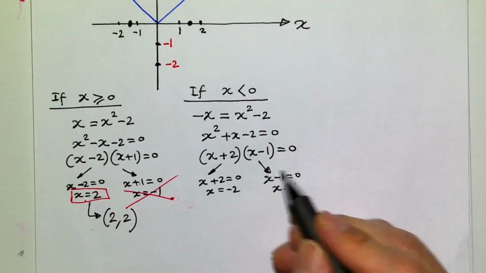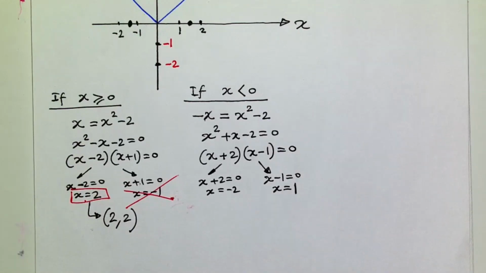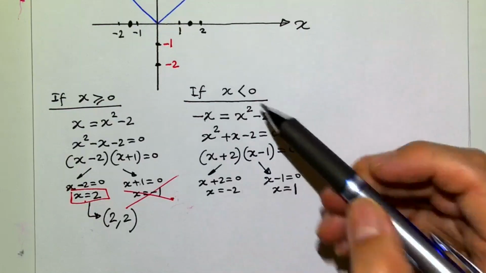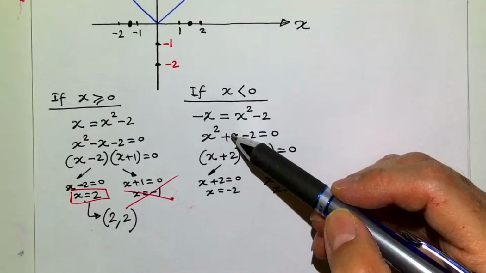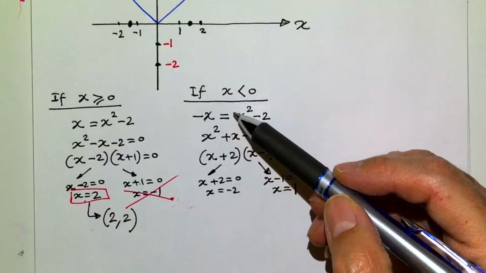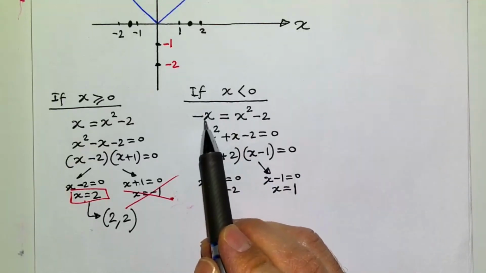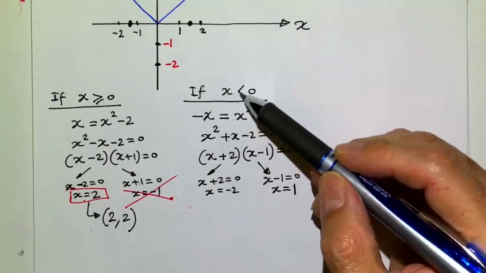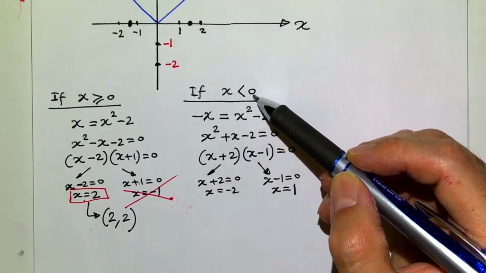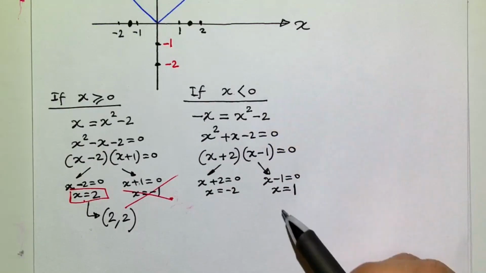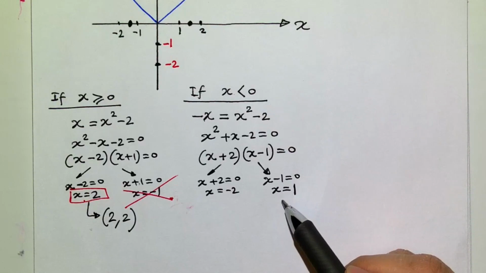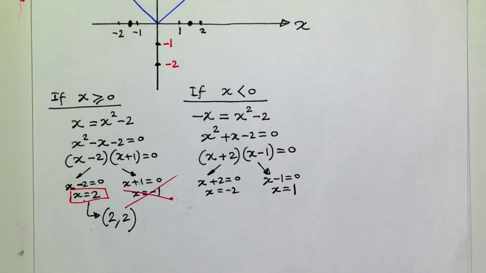Now, which one of these answers is acceptable? This one, right? Because the condition for this equation to be true, since we took negative x from the absolute value function, is that x has to be less than 0. x has to be some negative value. So this can fit the bill, and this is out of the question.